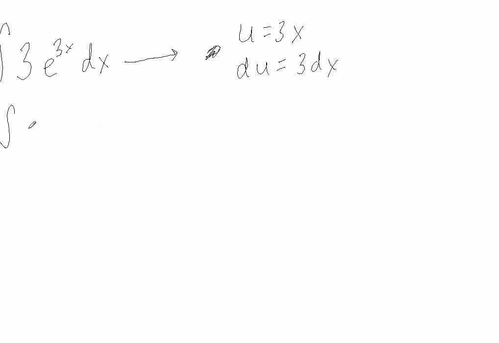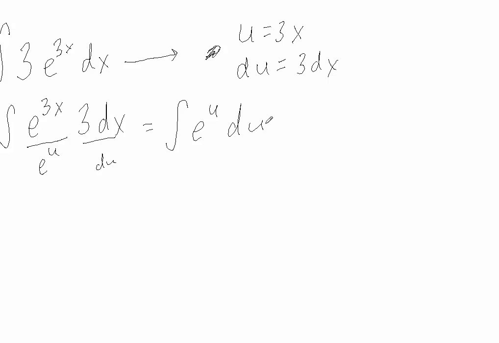Rewriting this, we have e to the 3x times 3 dx is simply e to the u times du.